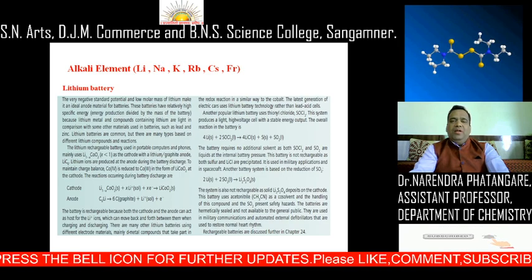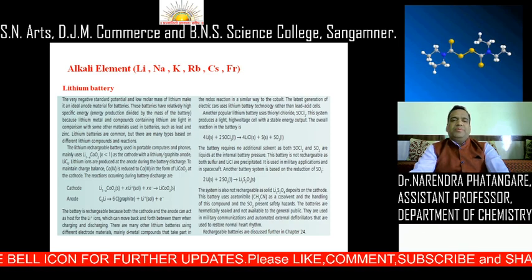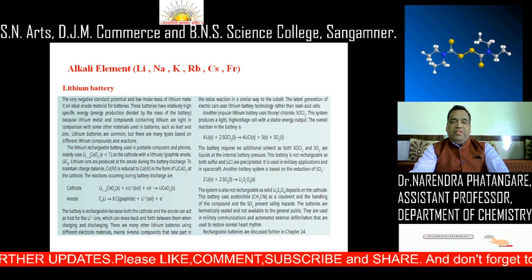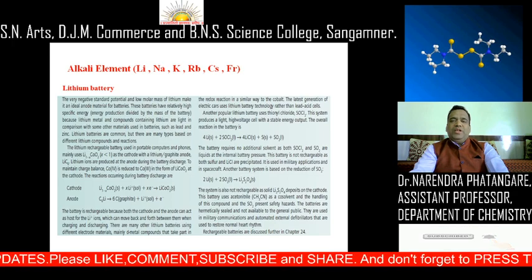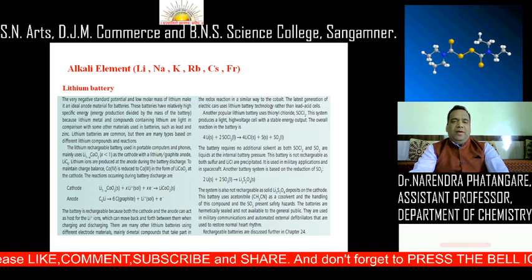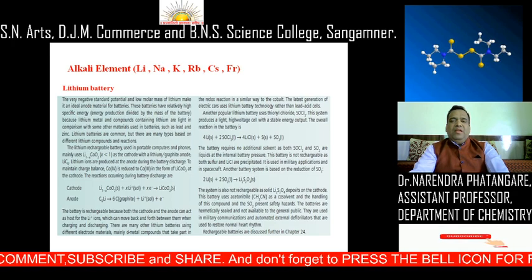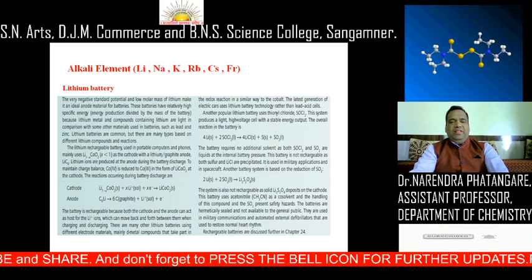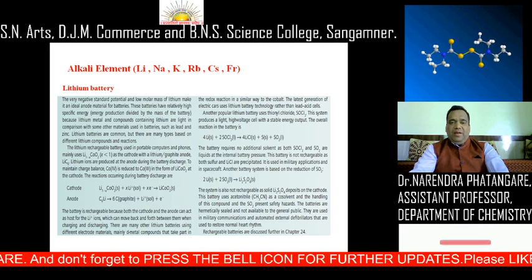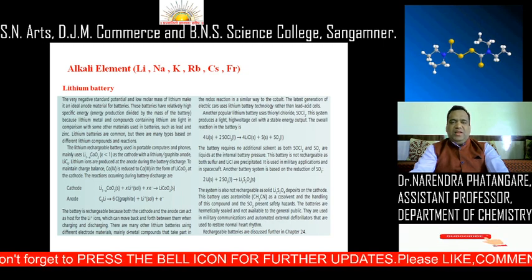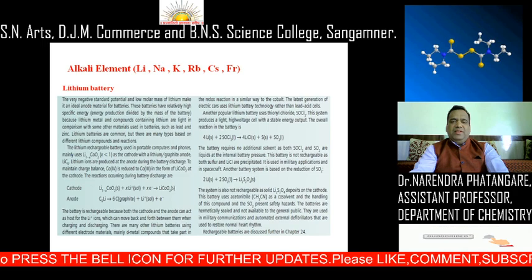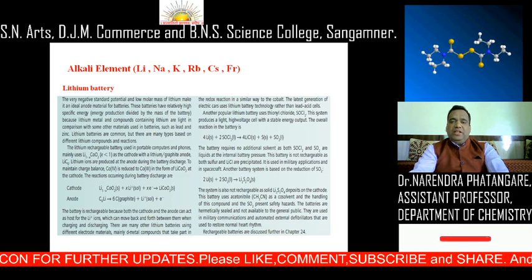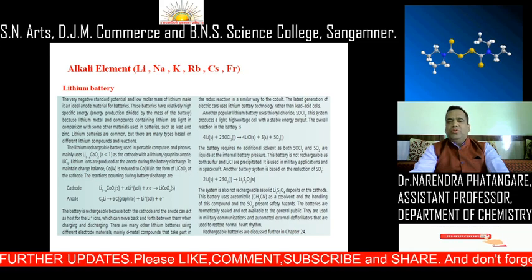Lithium batteries are common, but there are many types based on different lithium compounds and reactions. The lithium rechargeable battery is used in portable computers, phones, and mainly in all sophisticated instruments. With the cathode being lithium graphite, lithium ions are produced at the anode during battery discharge. To maintain the charge balance, cobalt in the plus 4 oxidation state is reduced to cobalt plus 3 in the form of LiCoO2.